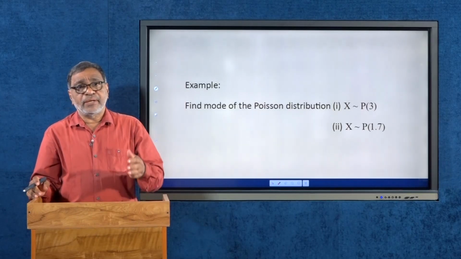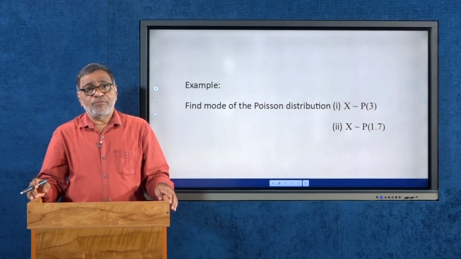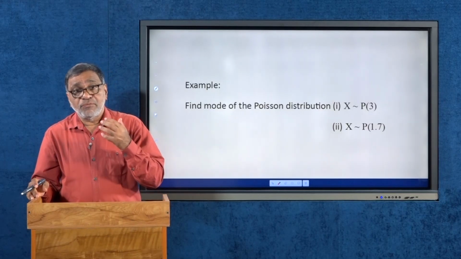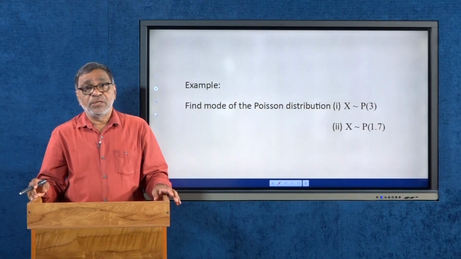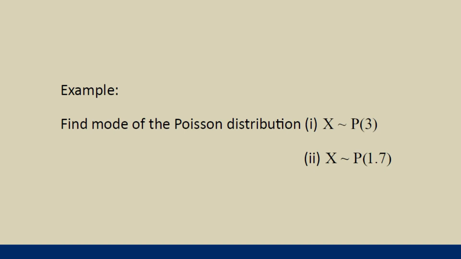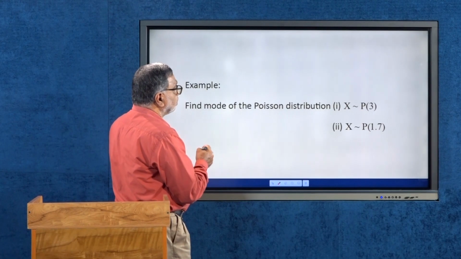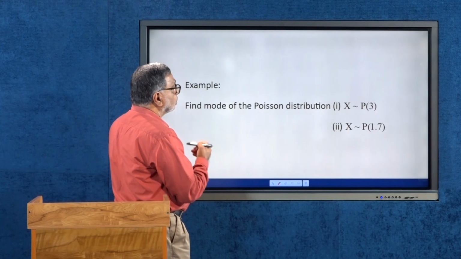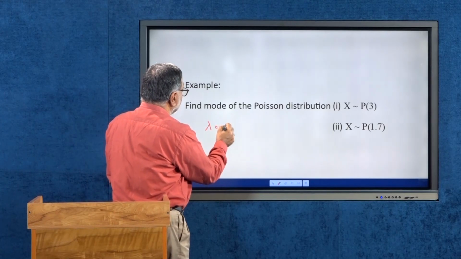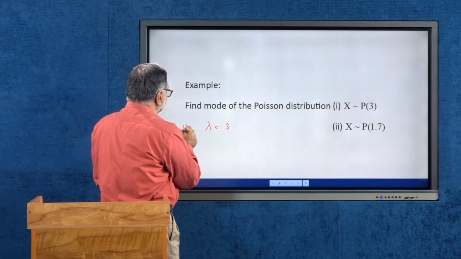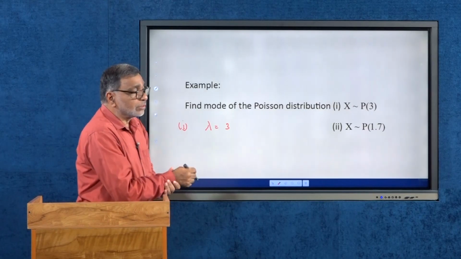To understand the way in which we are finding the mode, we consider one example. Suppose x is a Poisson random variable with parameter 3. As discussed regarding the derivation of the mode, here lambda is equal to 3.